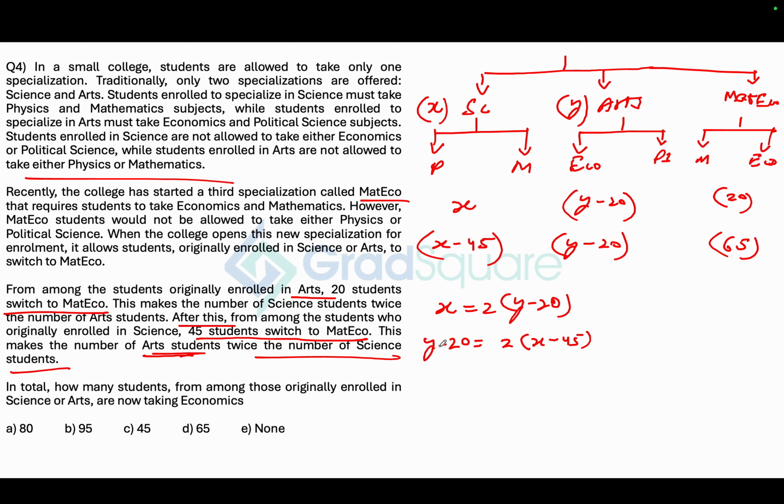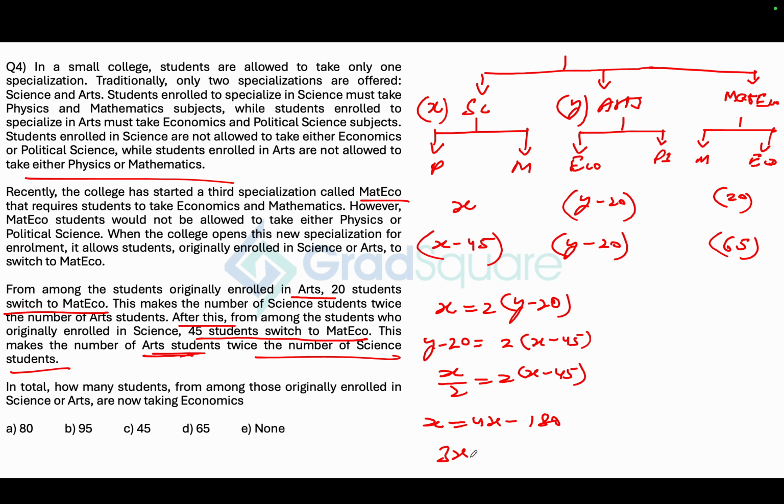Now you have got two equations in terms of X and Y. We can get down to the values of X and Y. The value of Y minus 20 is nothing but X by 2. So I write X by 2 over here, and that equals 2 times (X minus 45). We can solve this to get the value of X. X will become 4X minus 45 into 4, which turns out to be 180.